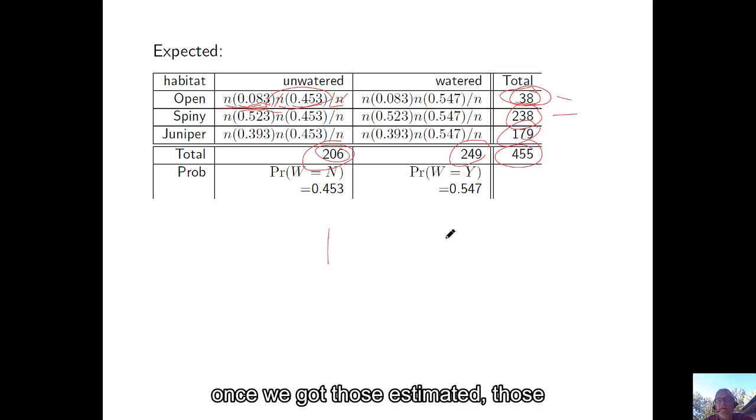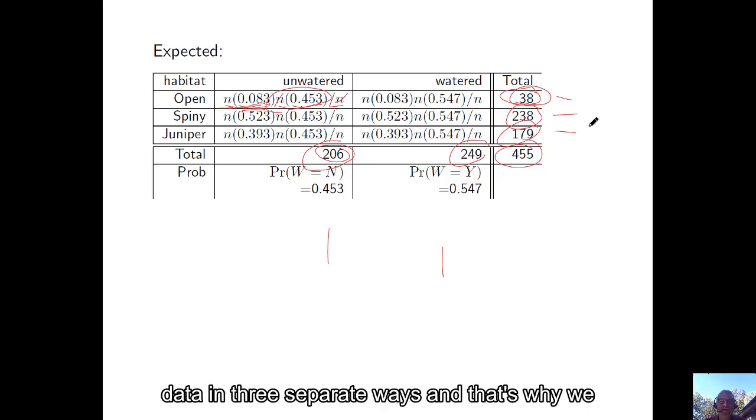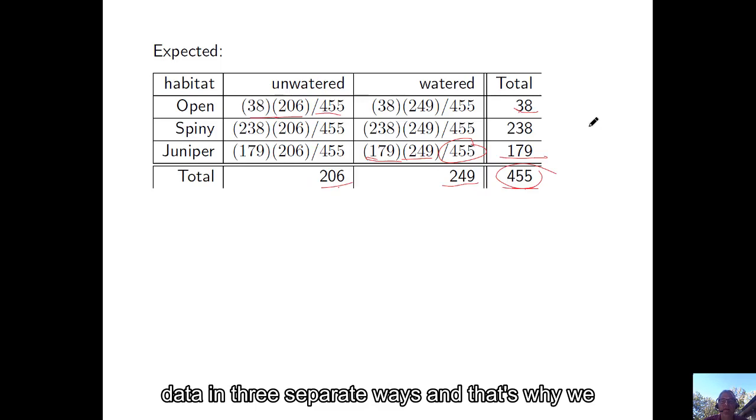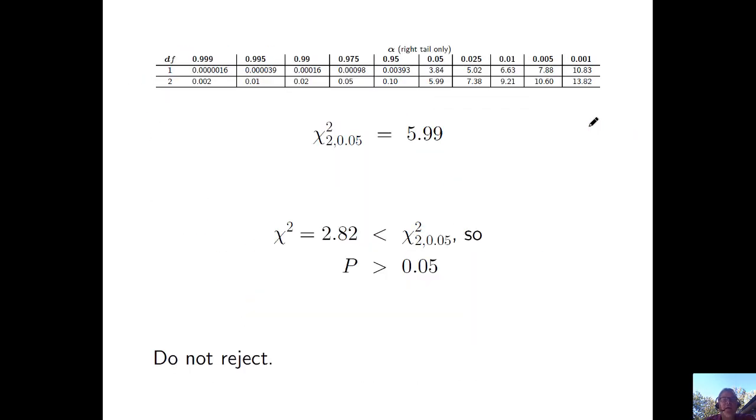And once we estimated those 3 things, we could get the other one by subtraction. So we sort of fit our null expectations to the data in 3 separate ways, and that's why we lost 3 degrees of freedom here. Okay, so our chi-square test statistic was 2.82.